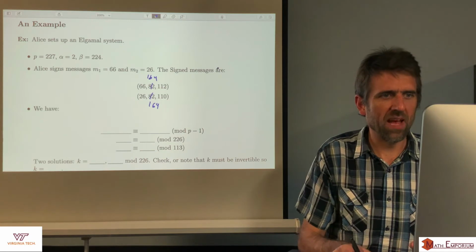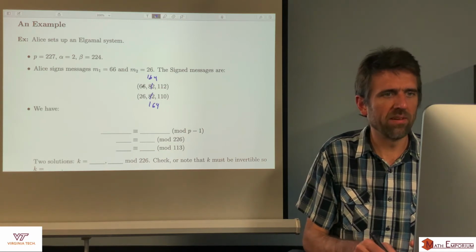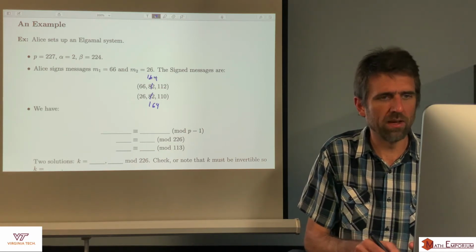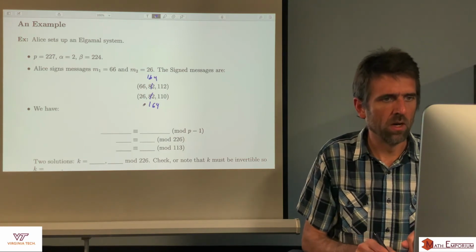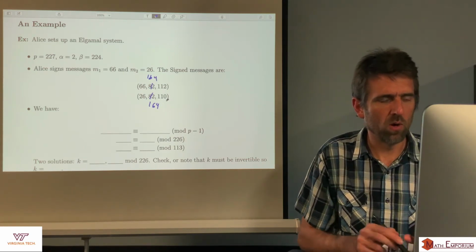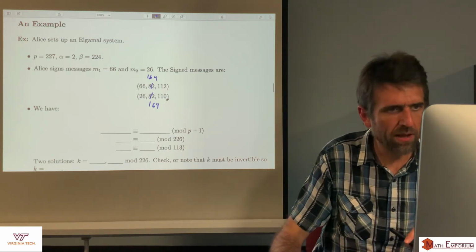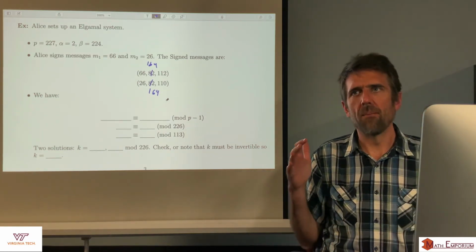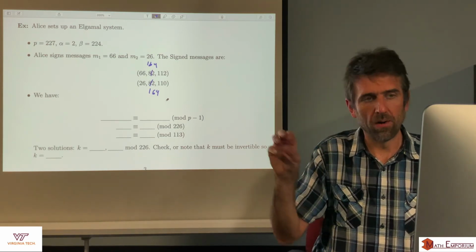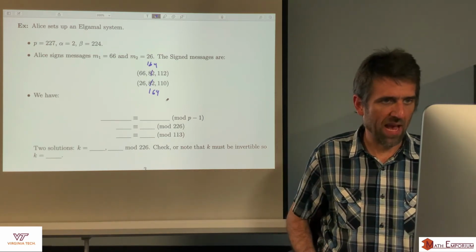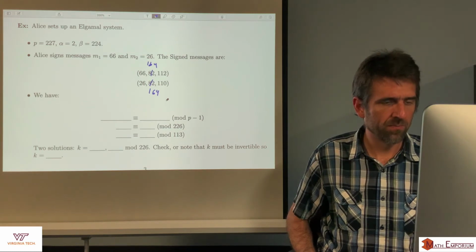Suppose the signed messages are 66, 164, 112, because the 82 was a typo, so the correct value of r is 164, and then 26, 164, 110. We can see from that that the value of k was reused because we got the same value of r in both signed message triplets.